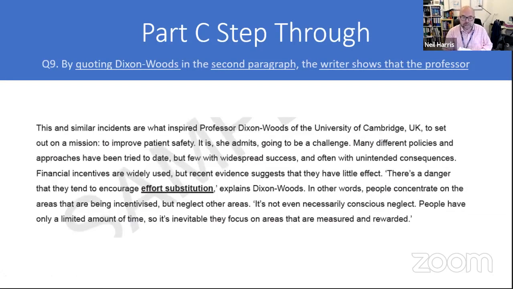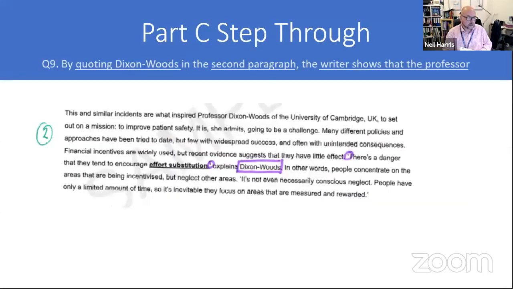So if we now look at the text, clearly, we know what we're looking for. We're looking for a quotation or possibly a paraphrase. We're looking for Dixon Woods herself. And that will enable us to then think about the answer to the question.